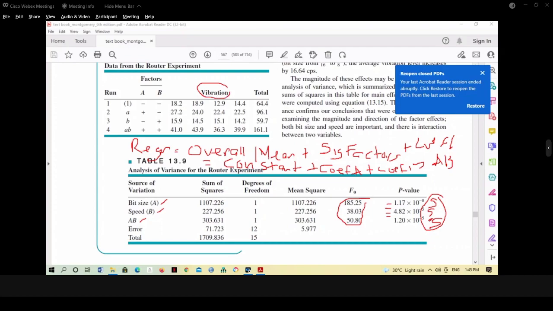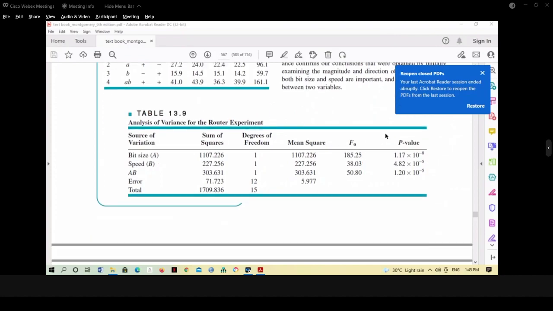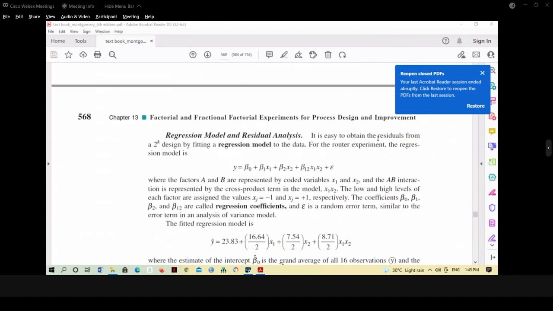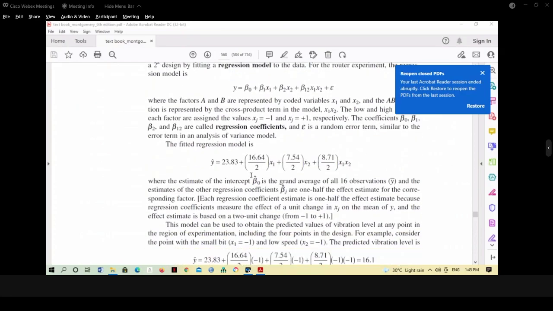Look at the example. This is the overall mean, which is 16 here. And this is the coefficient of A. The coefficient equals the effect divided by 2.